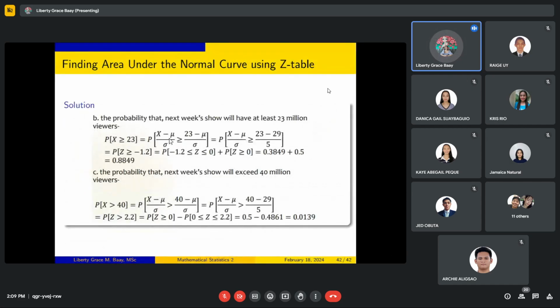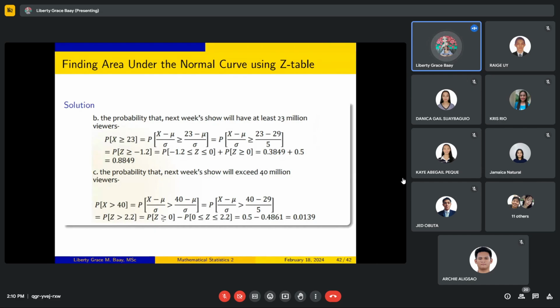So the probability of z, we have equated into z. Z is greater than or equal to negative 1.2. So the probability, z is in between negative 1.2 to 0, and the probability of z is greater than or equal to 0. So 1.2, class. Using the properties, we look at the positive values.